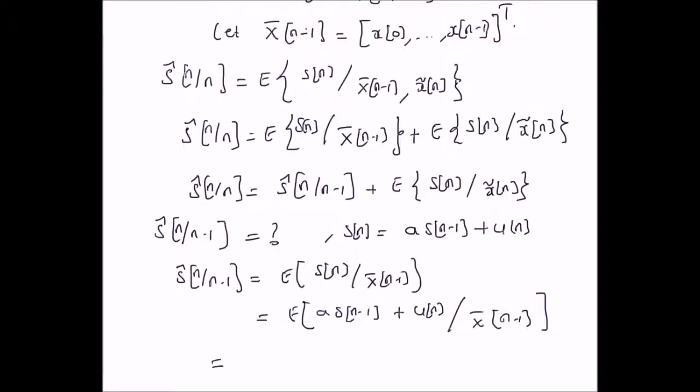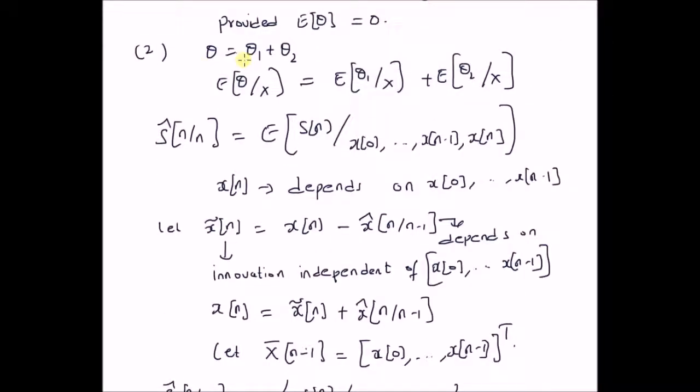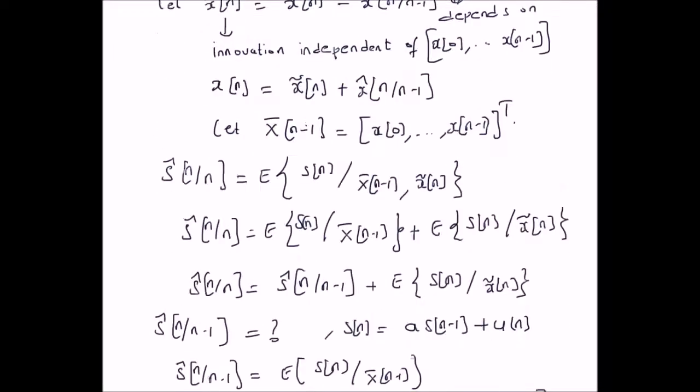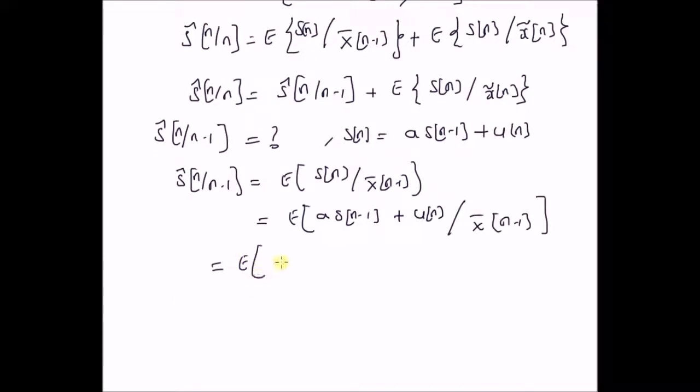And now by using lemma 2, that is when theta can be written as a sum of two parameters theta 1 and theta 2, we can split the expectation. So this is equal to expectation of a times s of n minus 1 given the observations up to n minus 1, plus expectation of u of n given x bar of n minus 1.